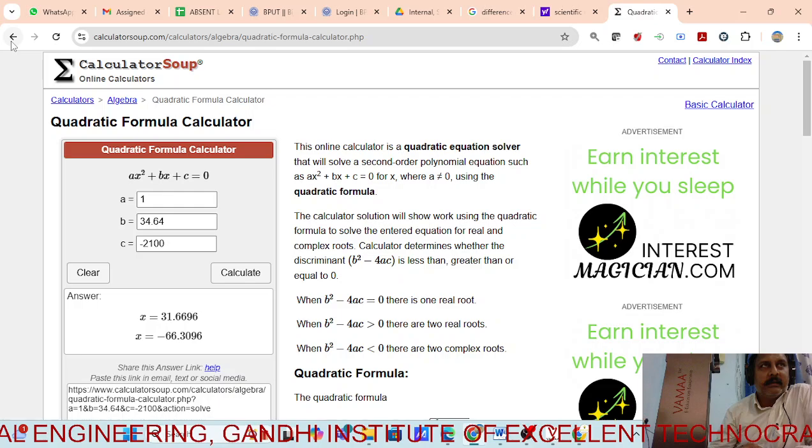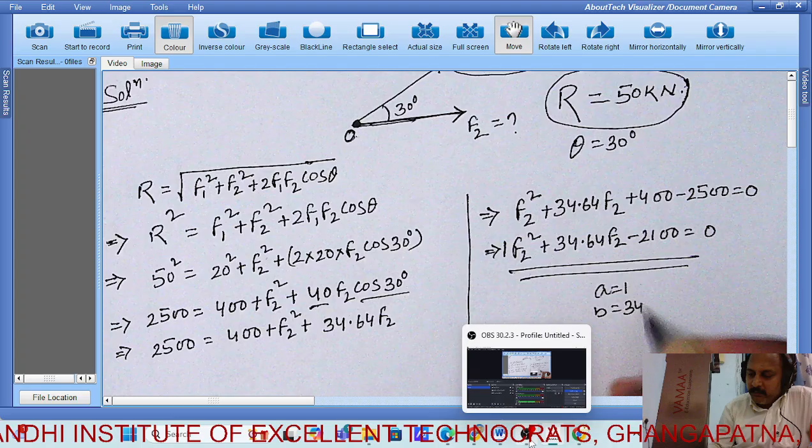Here a is 1, b becomes 34.64 and c is minus 2100.